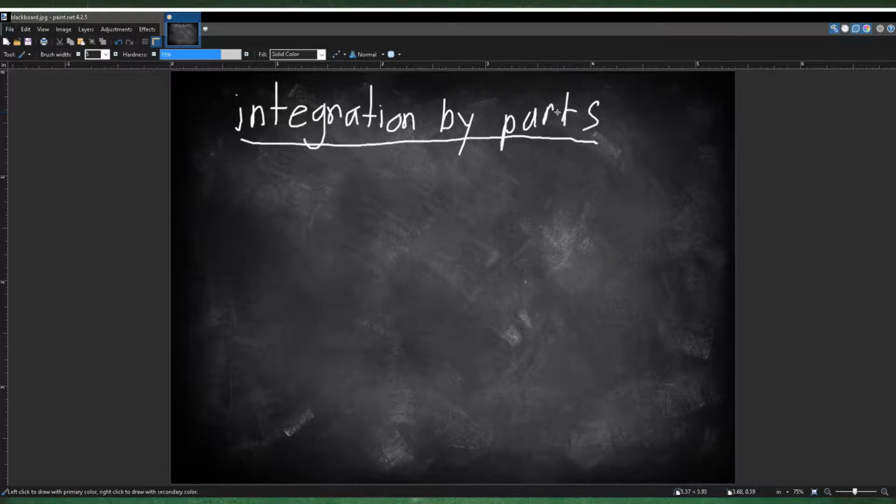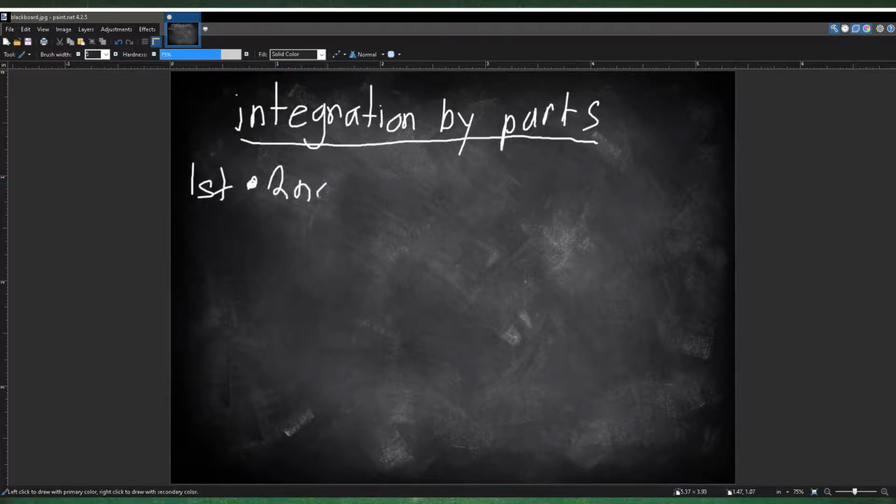So what we do is, if we have, let's say, those two functions, we're going to call the first function the first, and the second function the second.